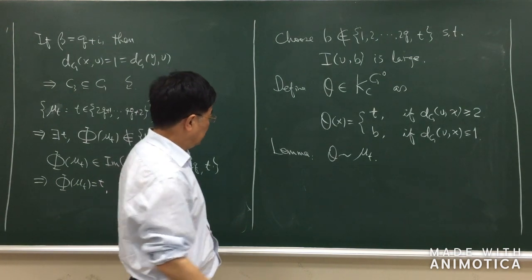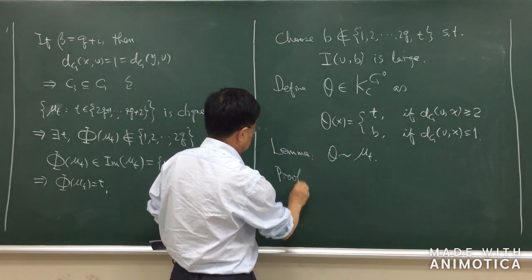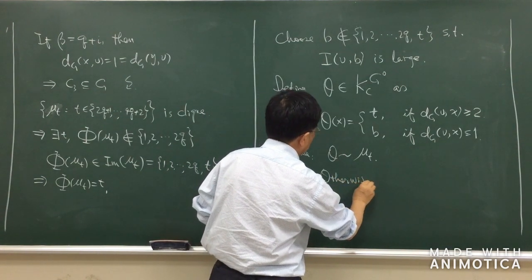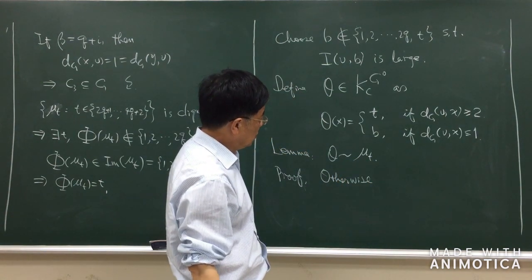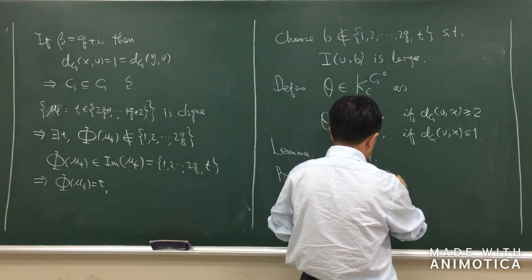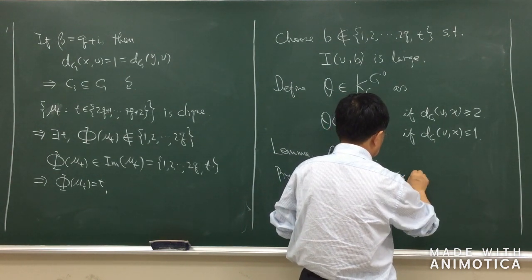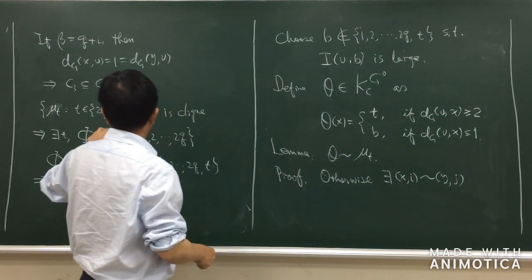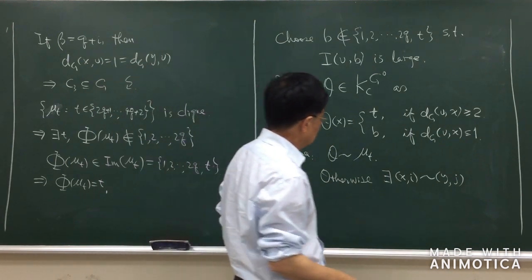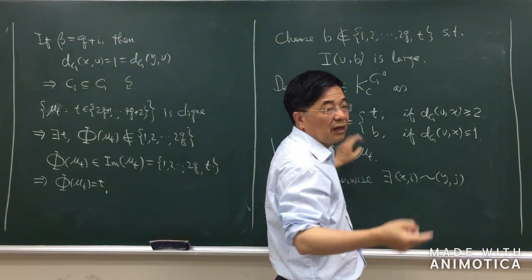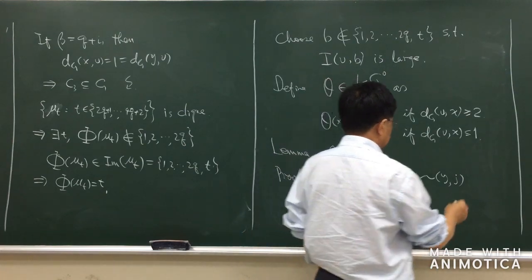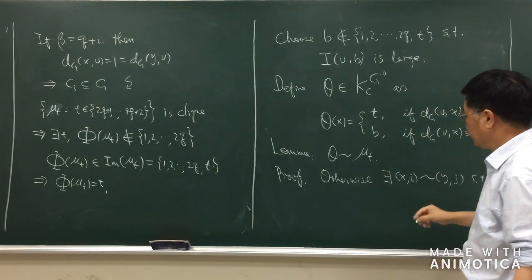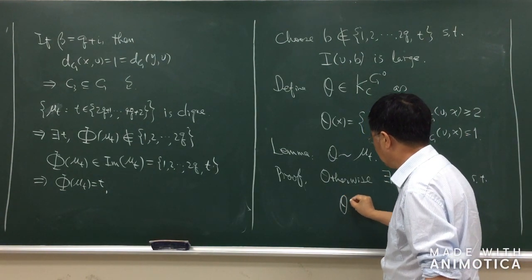Okay, let's prove this now. Otherwise, if it's not adjacent, it means that there exists an edge, there exists xi adjacent to yj. This is in the Cartesian product. So we think of this x as xi for any I, such that theta x is theta xi.